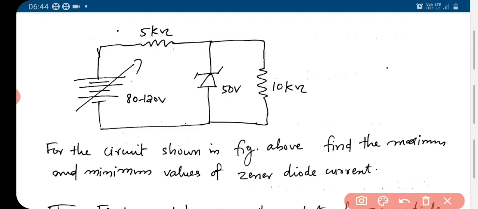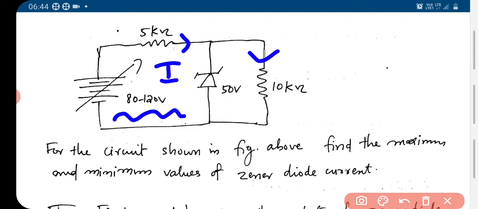Maximum and minimum means here the input voltage can vary from the minimum 80 to the maximum 120 volt. So what happens is this current I will vary, but the load current will remain constant.